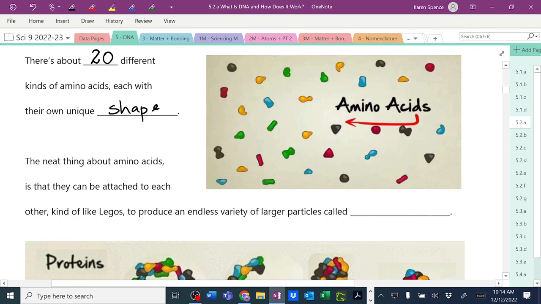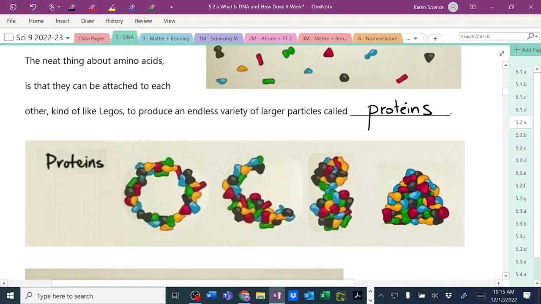The neat thing about amino acids is that they can be attached to each other kind of like Legos to produce an endless variety of larger particles called proteins. So, if you have a Lego kit, the little pieces of Lego are like the amino acids, and the finished model would be like the protein. And here's just some pictures of what proteins might look like with all the little amino acids stuck together.